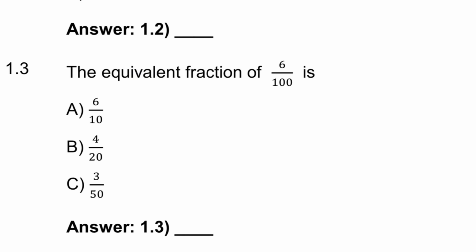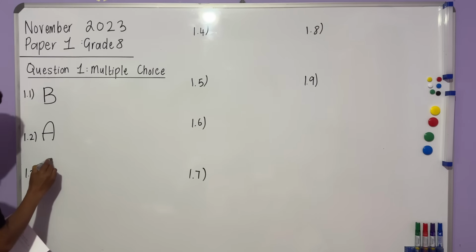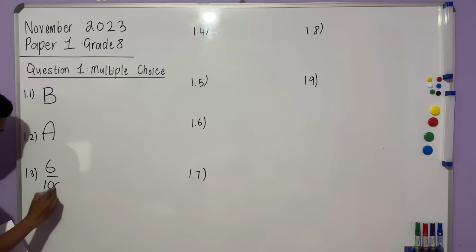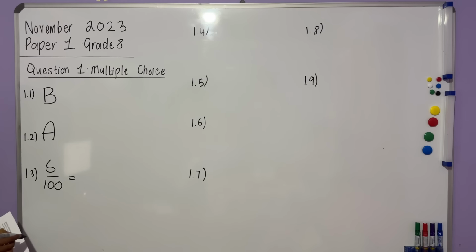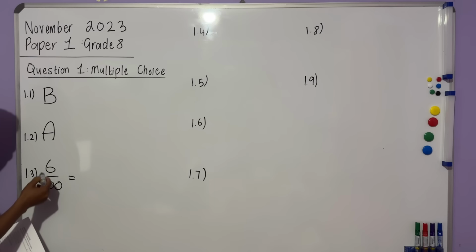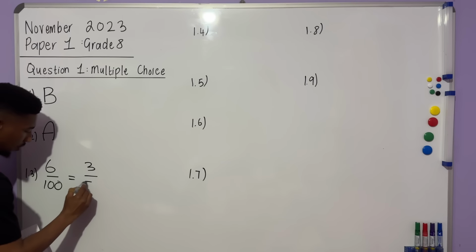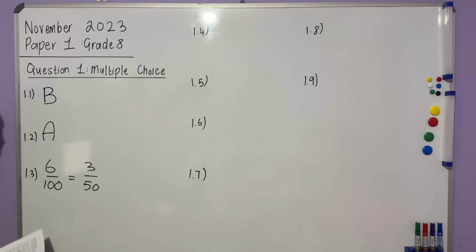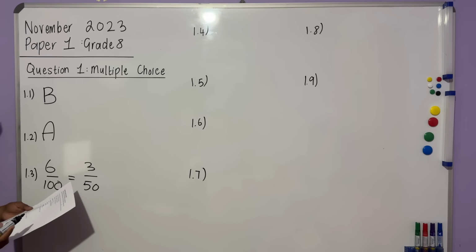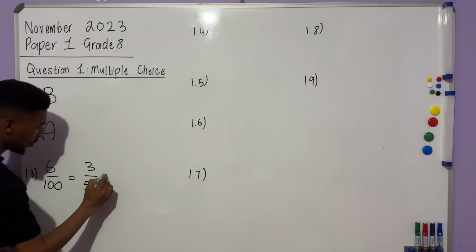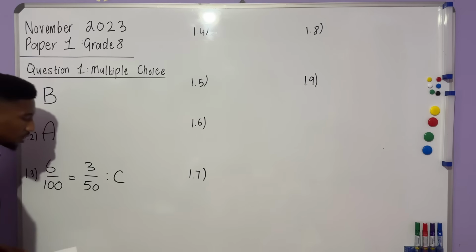So how do we know that's correct? If you look at 6 over 100, and if you simplify that and you divide both by 2, you have 3 over 50, which is the same thing. Okay, which means they are equal, and therefore this answer is C.